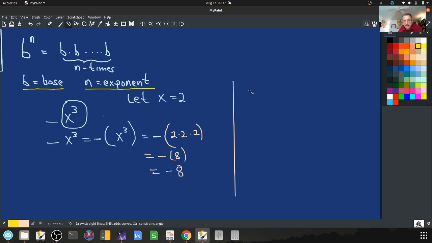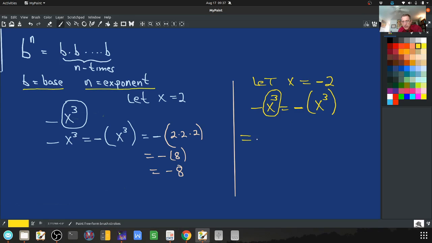So now let's let x be equal to minus 2 and evaluate minus x cubed. Well, remember the minus negates the entire number that comes next, which is x cubed. So this is the same as minus x cubed. Putting parentheses there just emphasizes that.